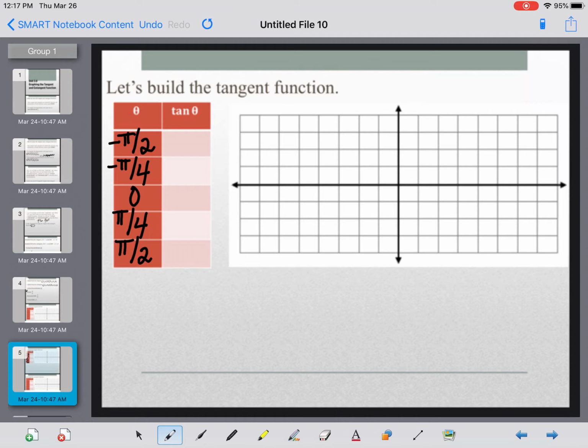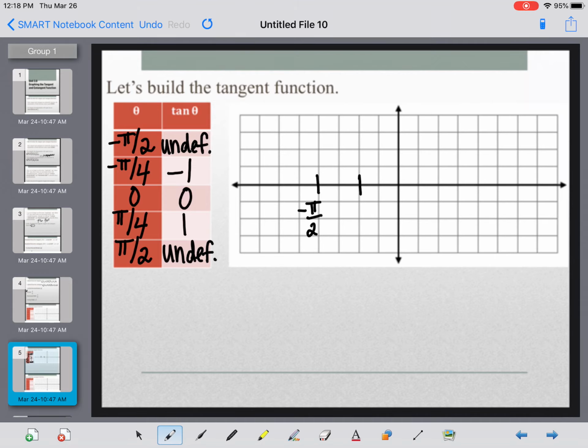Now we just said that tangent is undefined at multiples of pi over 2. So the first and last y values are going to be undefined, and then these middle ones are negative 1, 0, and 1. So what does this look like on a graph?